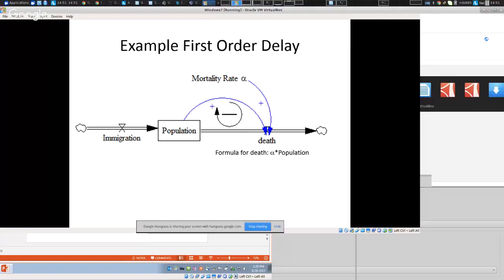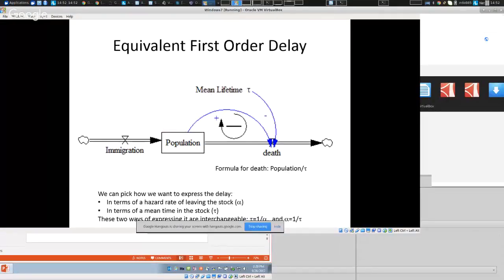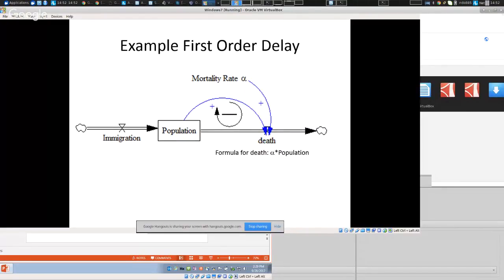We multiply it times the population, which is dimension people, and we get something whose units are people divided by time. So we can phrase a first order delay in short, using either this, with mortality rate being of unit 1 over time, my probability per day of getting sick, or dying, or we can phrase it in terms of tau. In that case, if we're dealing with a hazard rate, the formula for the outflow is the hazard rate times the size of the population, right?